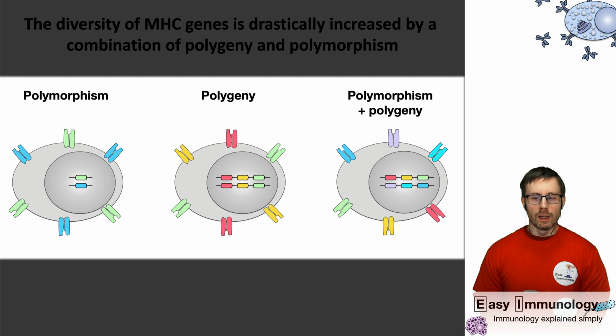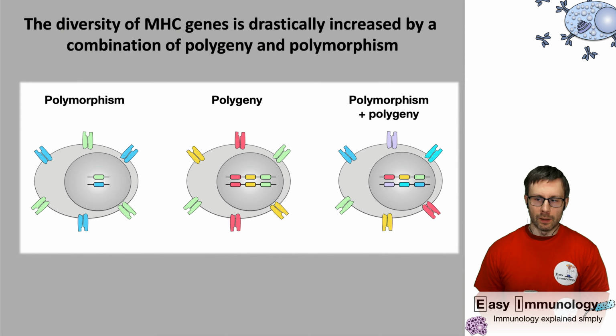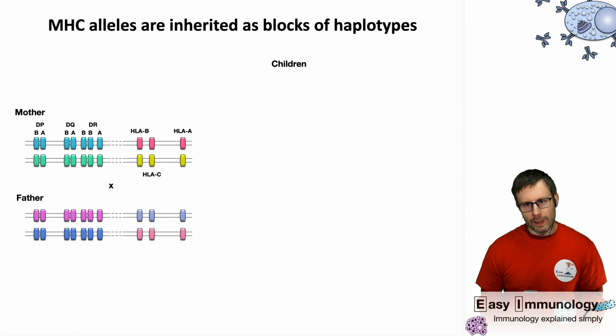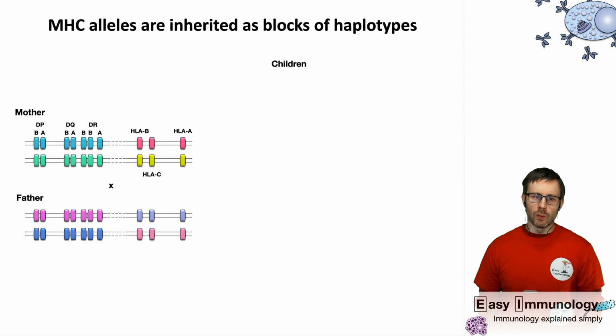So for every gene, you can have different variants, and this results in six different variants of one kind of molecule with three different genetic loci, because, as you might know, we have two copies of most chromosomes, one from the father and one from the mother. If we look at how these genes are inherited from one person to the next, one has to keep in mind that they are all on the same chromosome and they are all very close to each other.